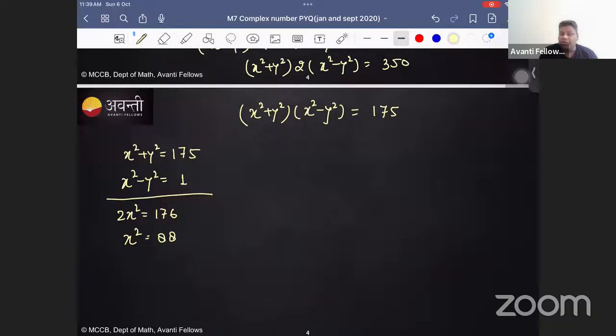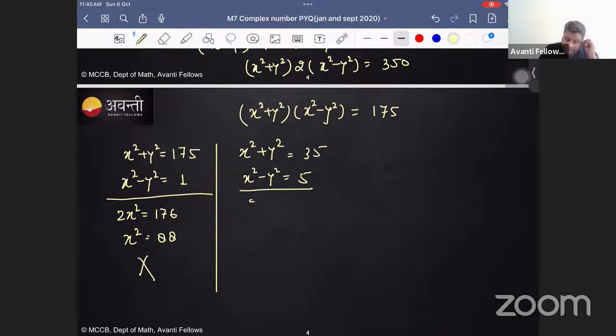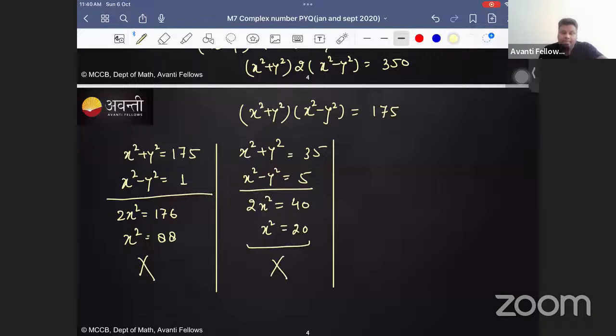Now x square 88 does not give you x as an integer. So this case is rejected. Now another case: if I take x square minus y square as 5 and x square plus y square as 35. Again, if you add them, you get 2x square as 40, so x square as 20. Again, this value does not provide x as an integer, so reject this one also.